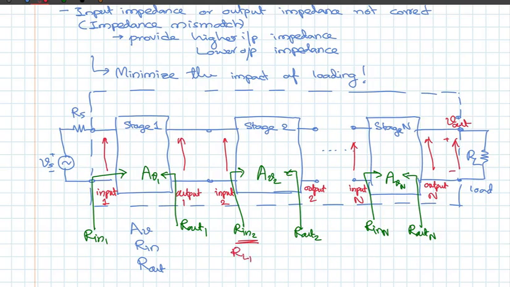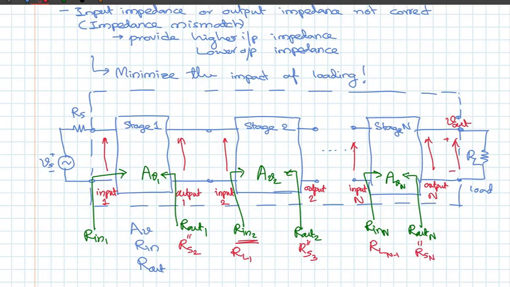Similarly, the source resistance of the second stage will be equal to R out 1, and similarly the output impedance of the second stage will be the source impedance of the next stage, third stage, and likewise input impedance of the nth stage will be the load for the n minus 1th stage, and the actual load will be the load of the nth stage, and the R out n will be the source resistance of the nth stage.